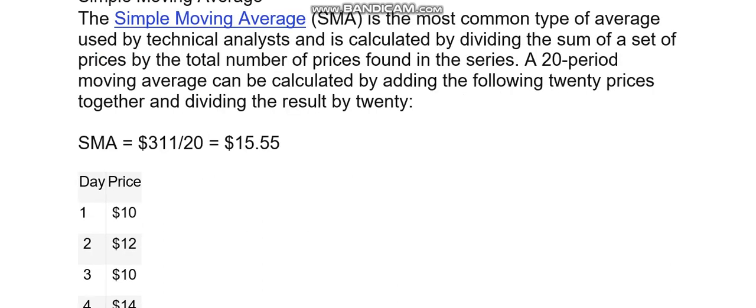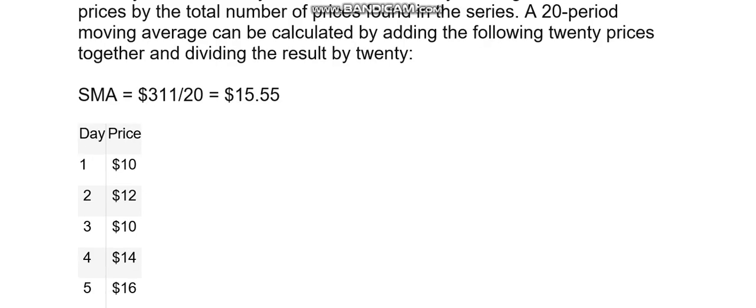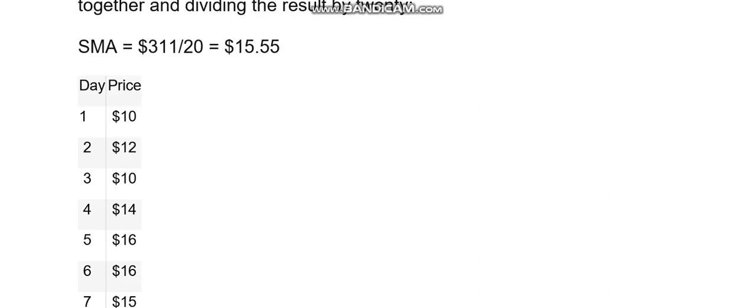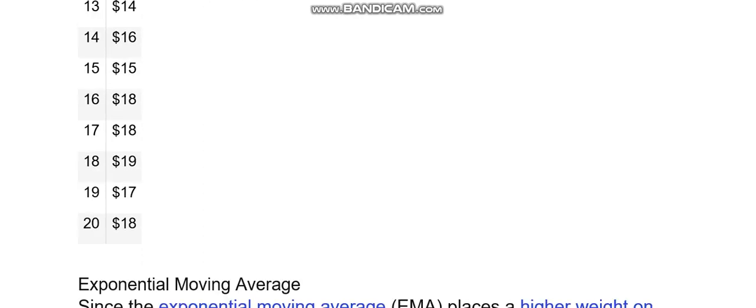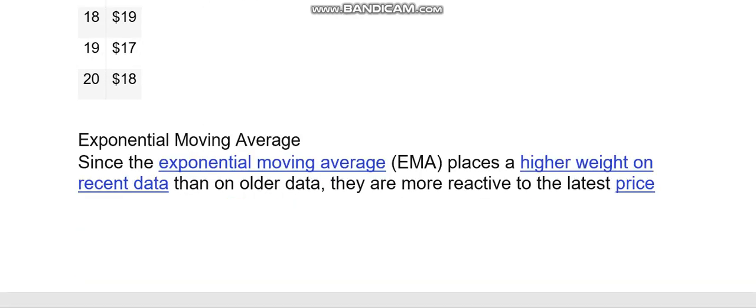SMA is equal to $311 divided by 20, which is equal to $15.55. So day 1 price is $10, day 2 $12. Like this, we calculated the simple moving average.